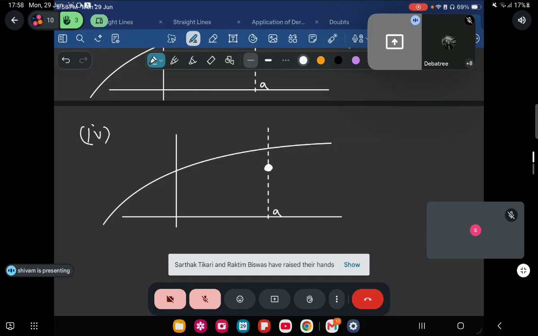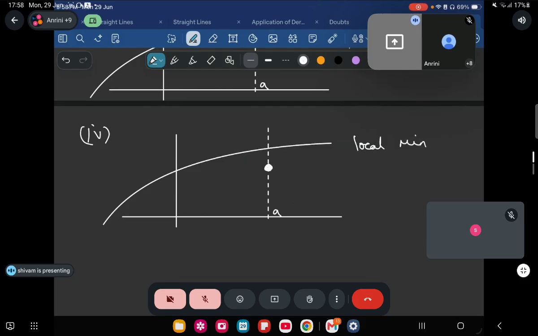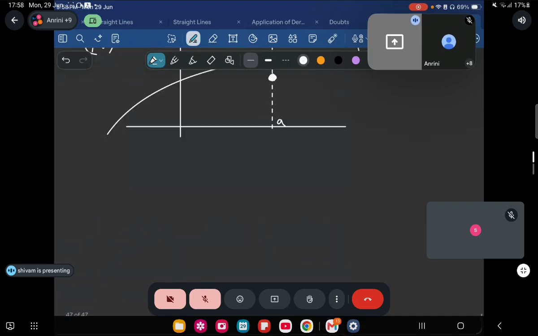I see the same hands. Okay, you tell me. Local minima. So I hope the definition is clear to everyone. Memel, are you following? Yes or no?